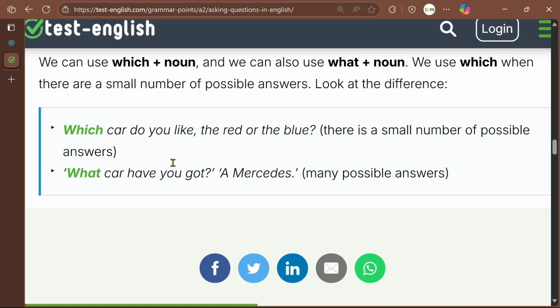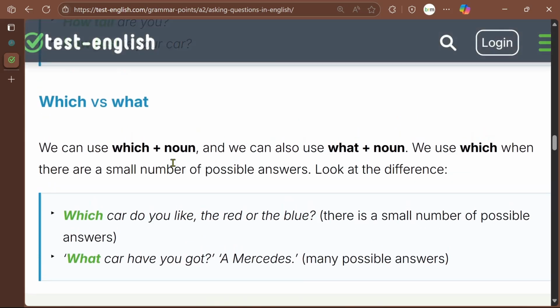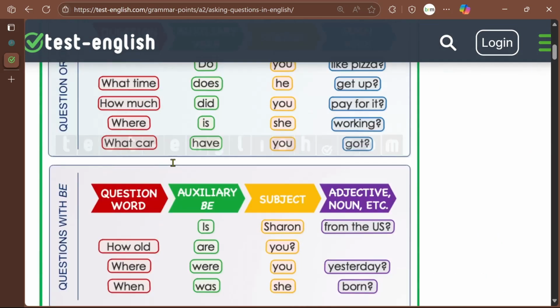There are several, still okay, but a limited number. What car have you got? It could be so many, it's not about choosing a few things. Then what car do you have? Could be so many things, right? So that's the answer: which versus what.